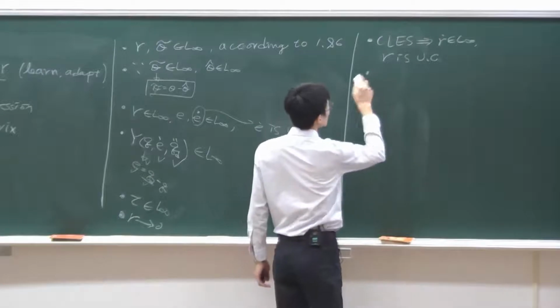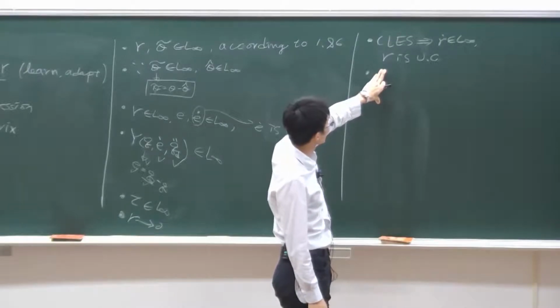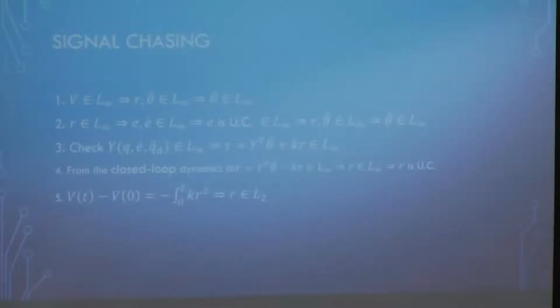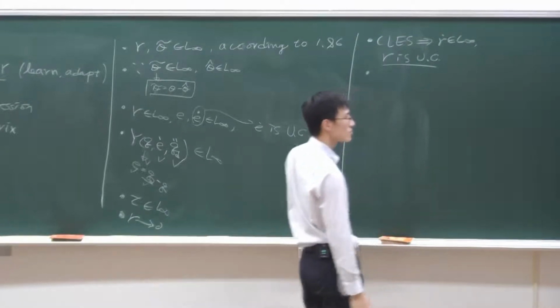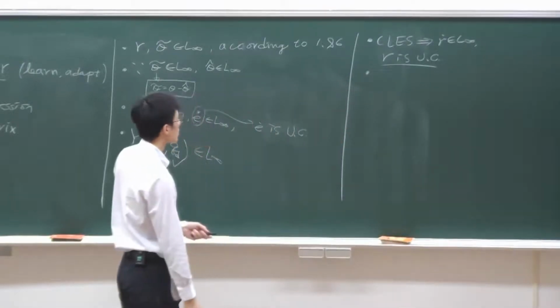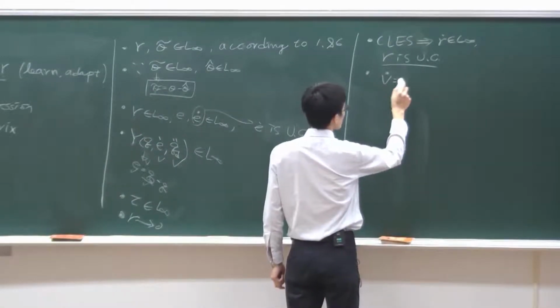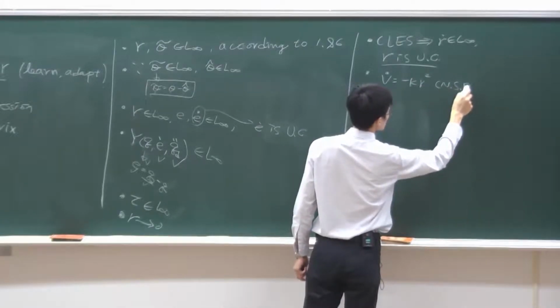So next step, remember Barbalat's lemma says a signal has to be uniformly continuous and it has to be an L2 function, and then you can show that it will converge to 0 as t goes to infinity. So you also need to find that R is an L2 function. Remember we showed that V dot is negative semi-definite in the previous slides.